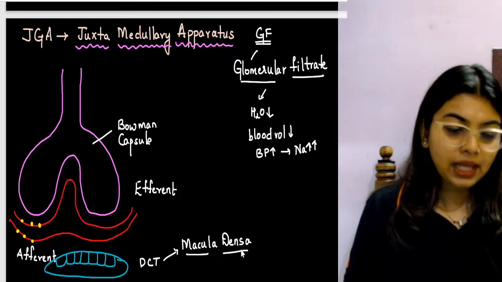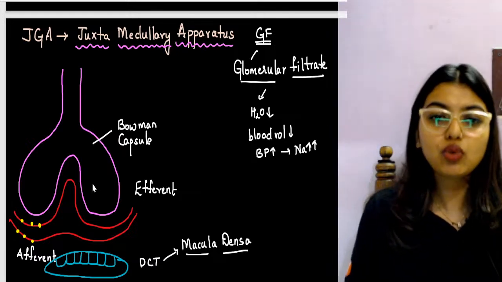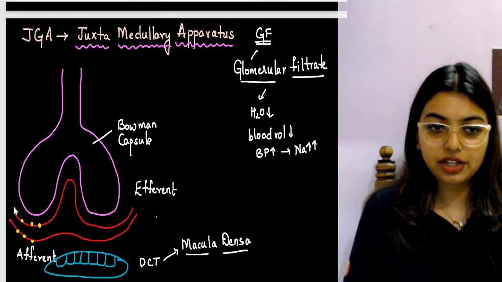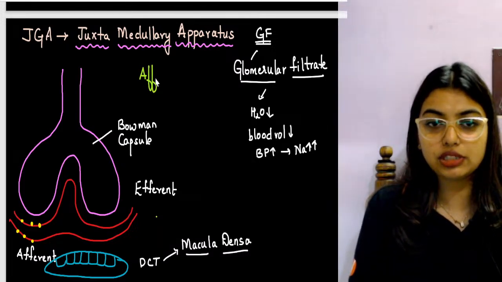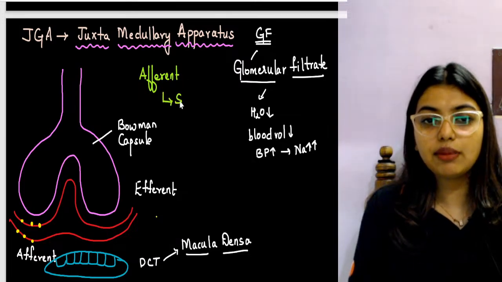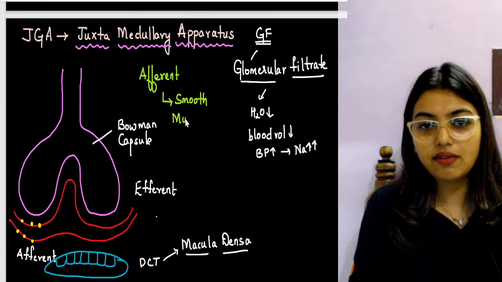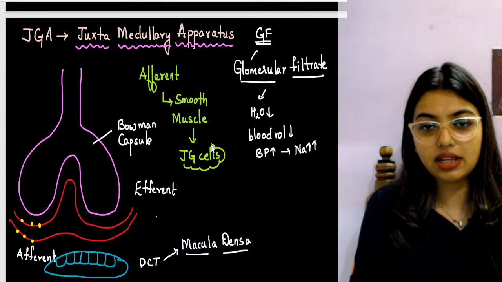Got it? Now if the glomerular filtrate has any problem, the afferent arterioles, this is afferent, no? Some of the smooth muscle cells of the afferent arterioles will modify themselves to form JG cells, that is juxtaglomerular cells.